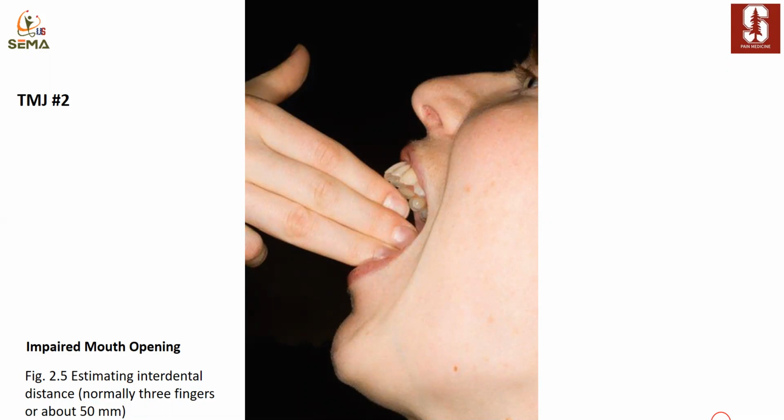You can say 4 to 6 centimeters, but let's say an average of 5 centimeters. If the patient cannot do this, then you have a limited mouth opening, and again, you need to know whether that is because of masseter muscle spasm or a joint disease.